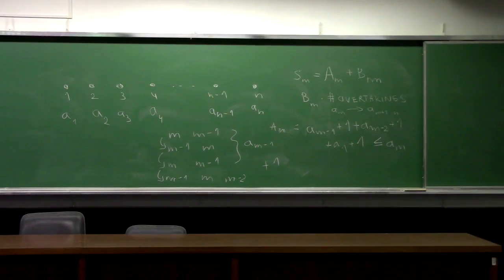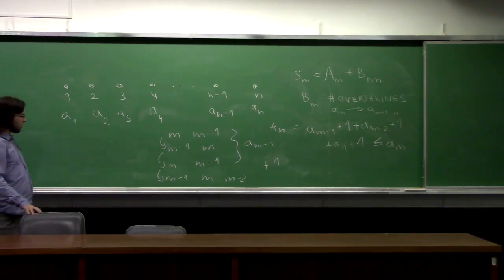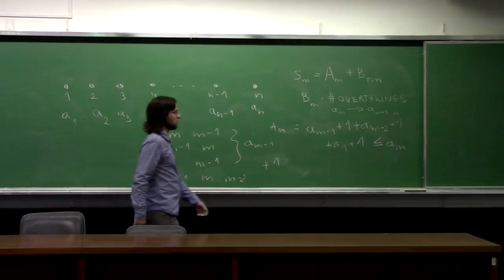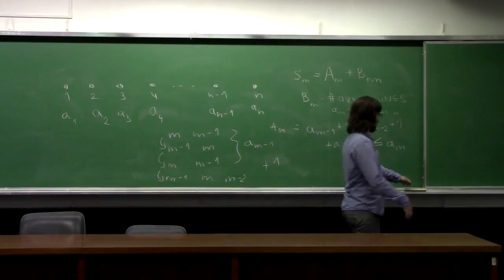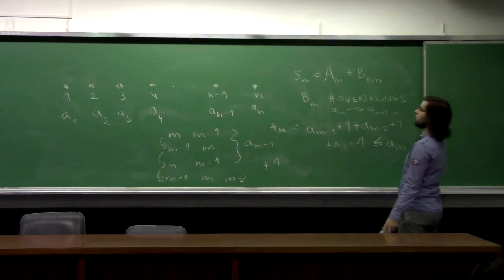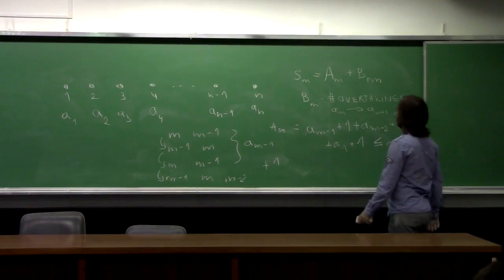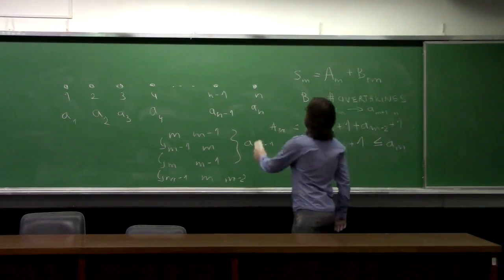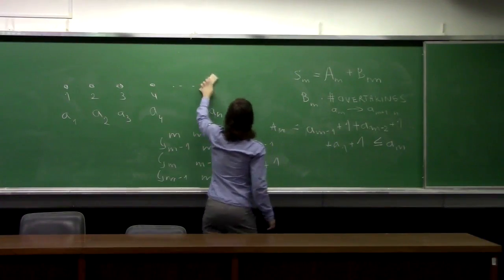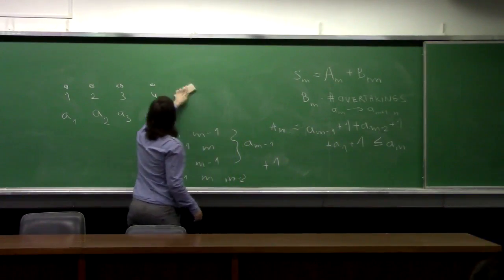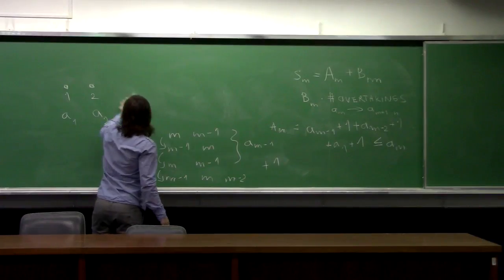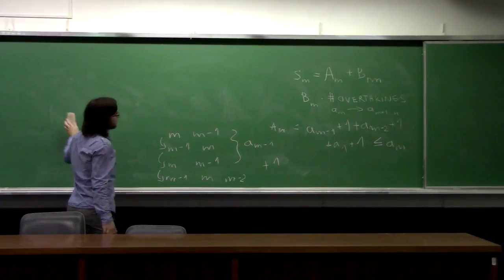But we have a claim that it's always possible to reach that, that such a sequence exists if all those inequalities are satisfied. So now we want to find this number B_M.